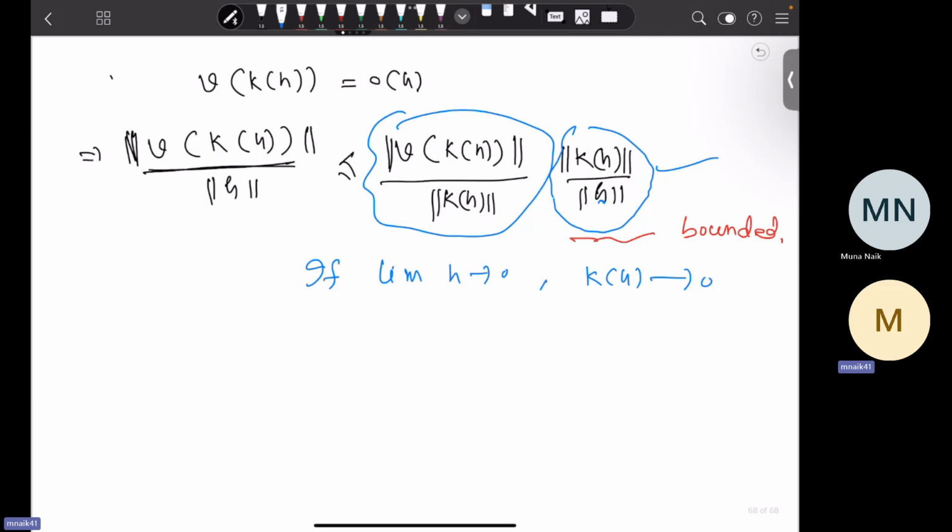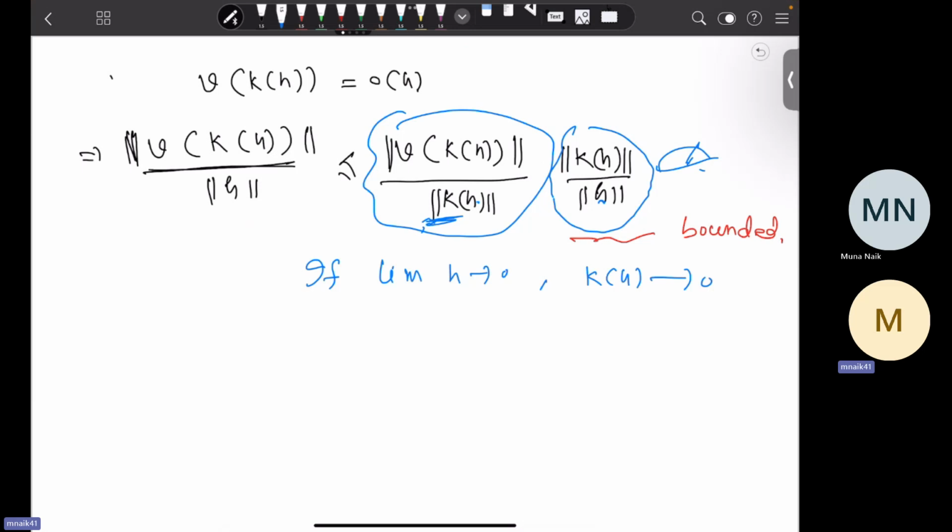However, there is a problem here, because I do not know whether kh is 0 or not. So you may ask how can I divide by kh? There is a problem. If kh is not 0 in a neighborhood, then we are fine.